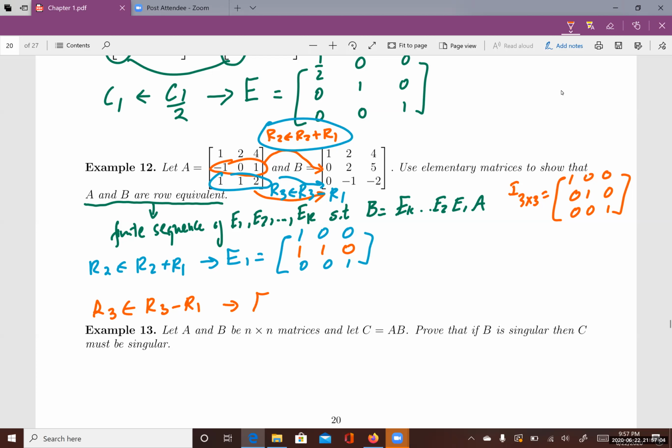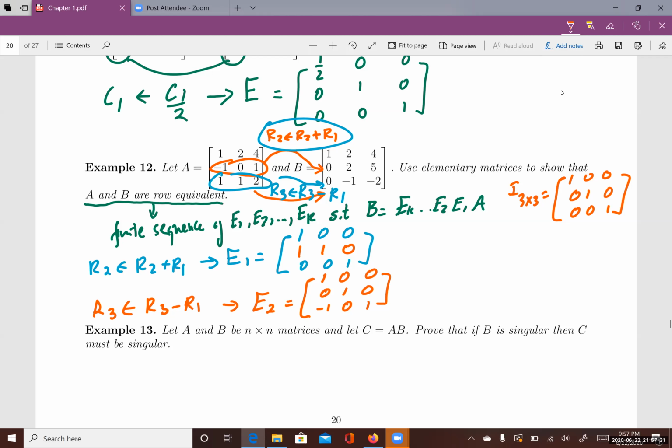Okay, so for the row operation that applies on row 3, row 3 minus row 1, then my elementary matrix would be: row 1 and row 2 stay the same, and row 3 will be row 3 minus row 1. So 0 minus 1 is -1. 0 minus 0 is 0. 1 minus 0 is 1.